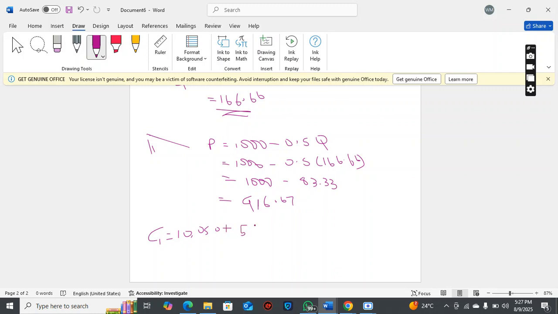Q1 is 83.3, so 83.3 squared is 166.66 and times 5 is 833.3.